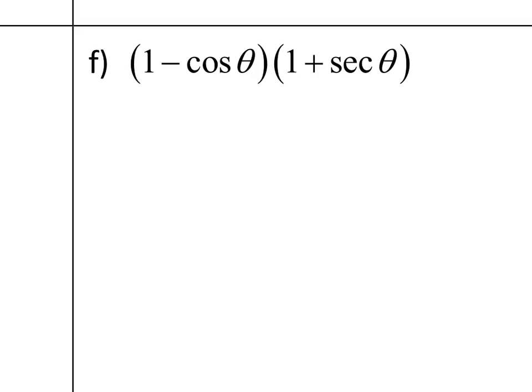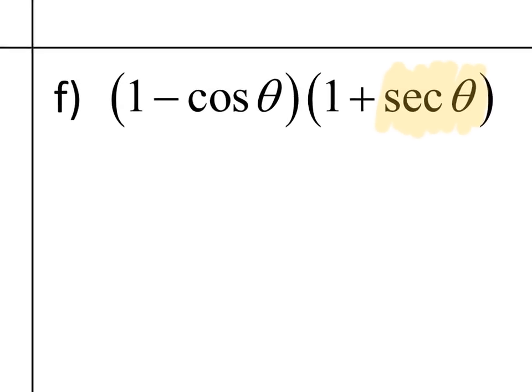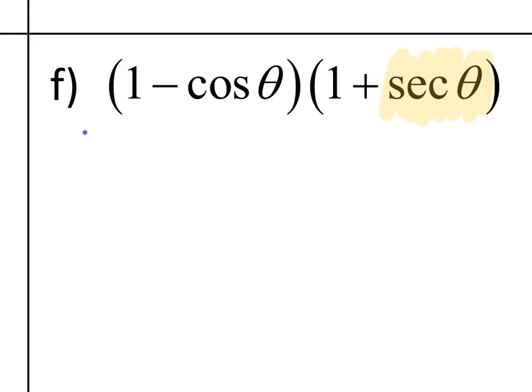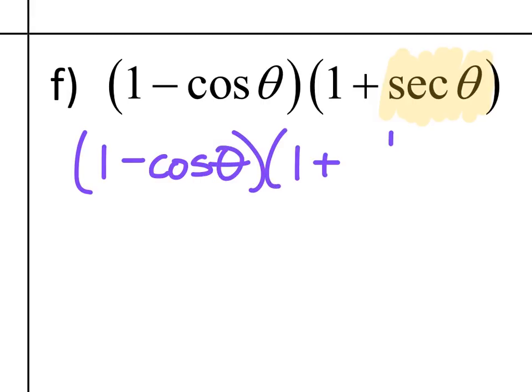You might start by foiling it. I'm going to start by changing the secant of theta to 1 over cosine of theta. And so I'm going to rewrite this whole thing. It's going to get ugly. But 1 minus cosine of theta times 1 plus 1 over cosine of theta.